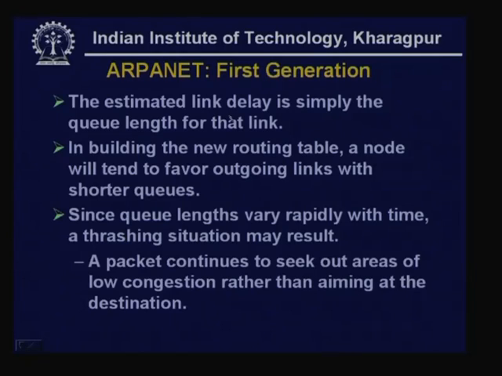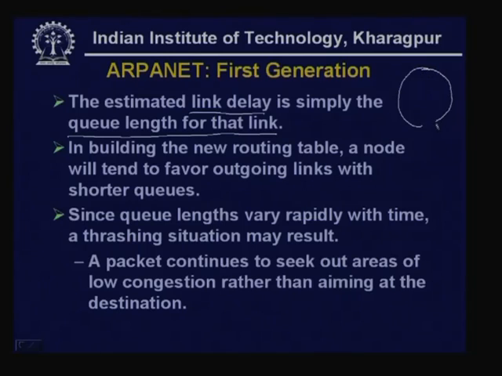Here the estimated link delay is simply the queue length for that link. We have already seen, suppose this is a particular node, and these are the outlinks. The queue length for each of these links is used as a representative of the delay.